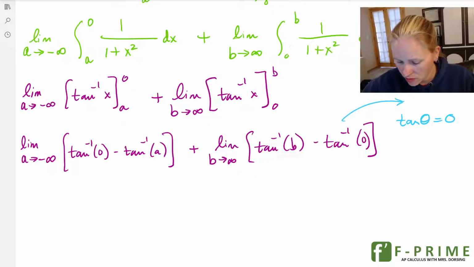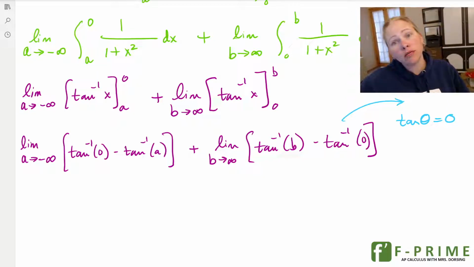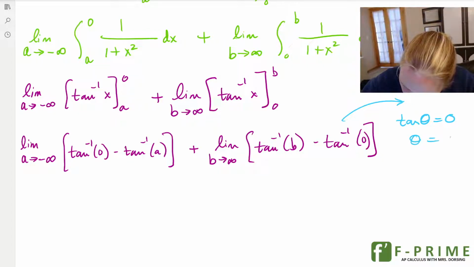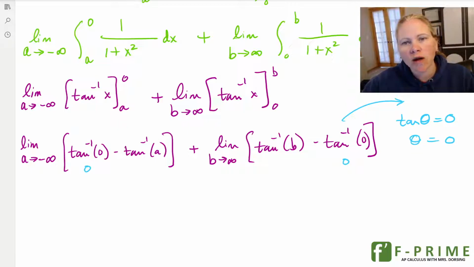So which value has a tangent of 0? Well, that's sine over cosine, so the sine must be 0. So the theta must be 0. So this is 0 and this is 0. It's saying what angle has a tangent of 0? 0 and pi. But since we're dealing with principal values usually, we're going to go with 0.